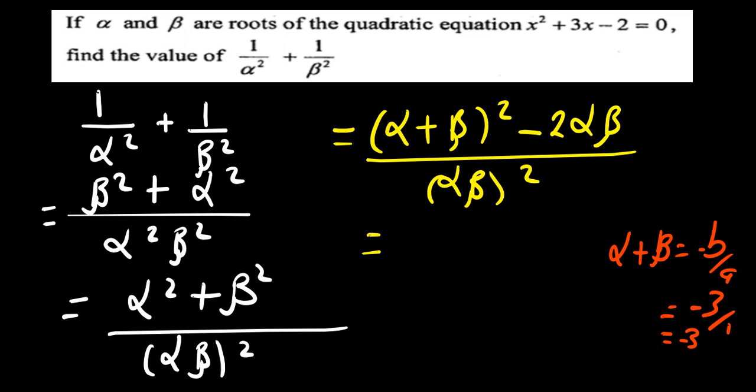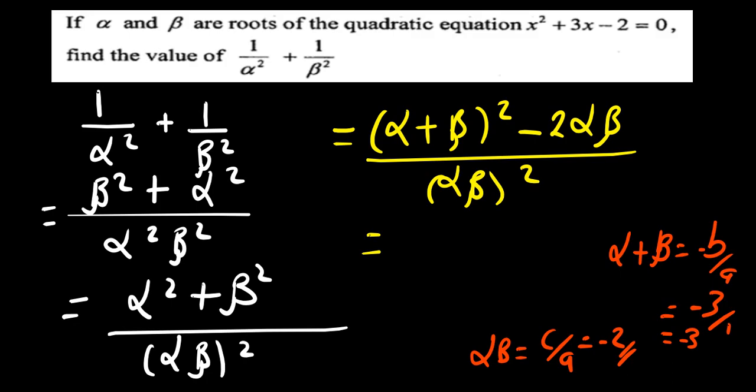Then the product, alpha multiplied by beta, is just the same as c over a. Your c in this case is negative 2, so negative 2 divided by a, which is 1. So what are you going to have? You have negative 2. So these are our product and our sum.